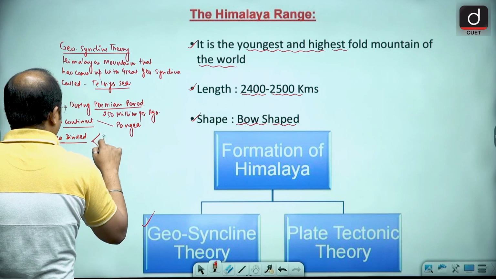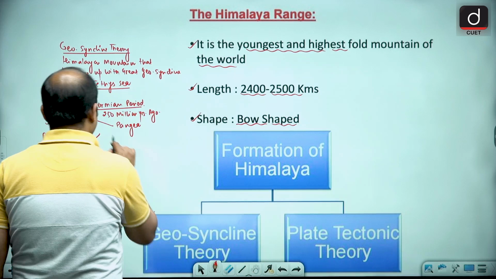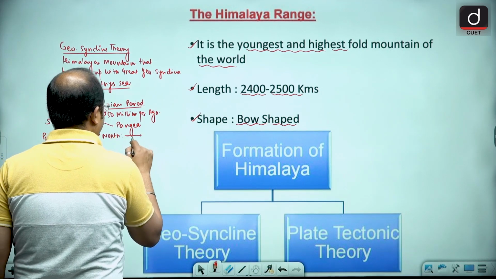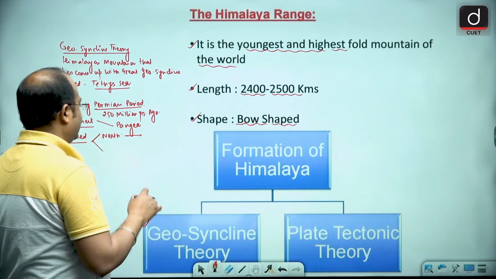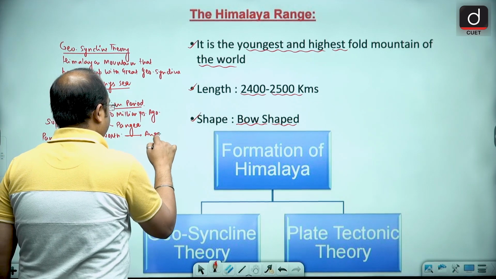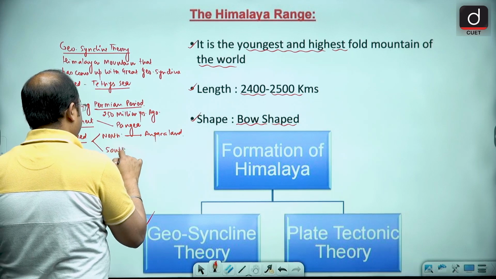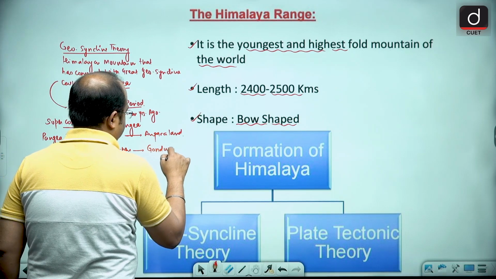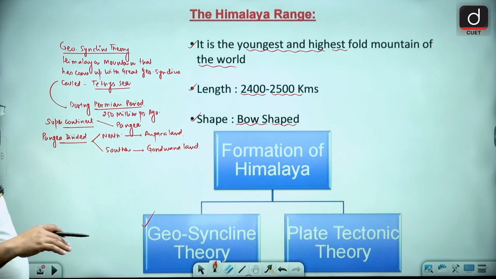What were they called? The northern part of Pangaea was called Angara land, and the southern part was called Gondwana land.